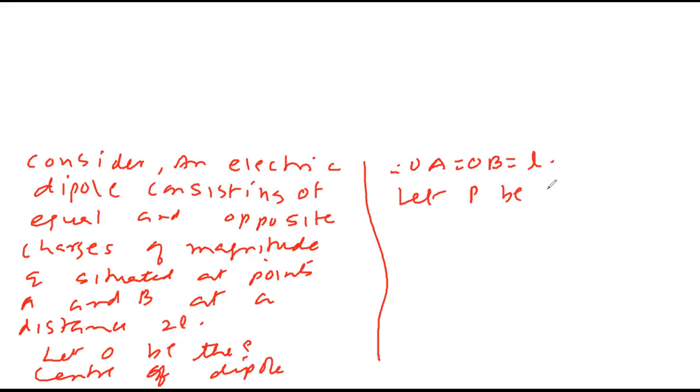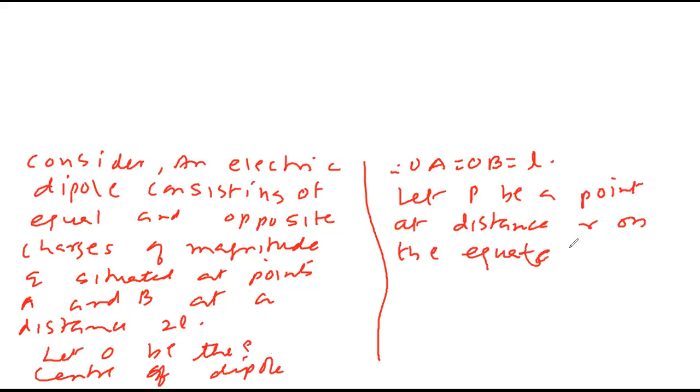Let P be a point at distance R on the equator of the dipole. Draw AP, PB.